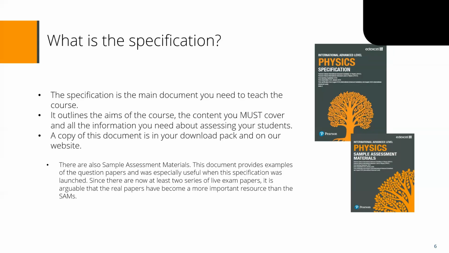When a specification is first launched, they're a really useful document because they provide examples of the type of question papers. There are now several series of live exam papers with real exam questions to look at, so it's arguable that the real papers become a more important resource than the sample assessment materials, but as I said, they're useful when a specification is first launched.